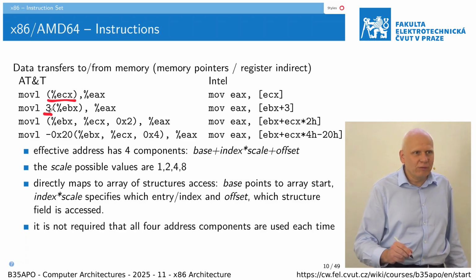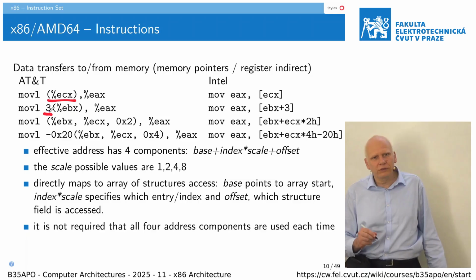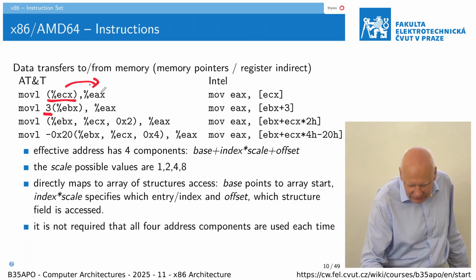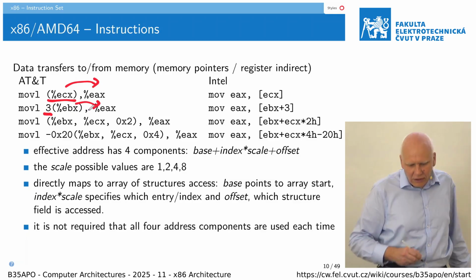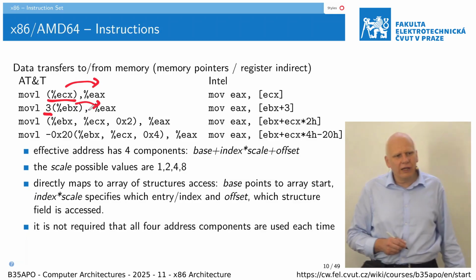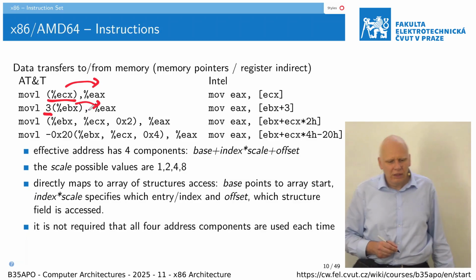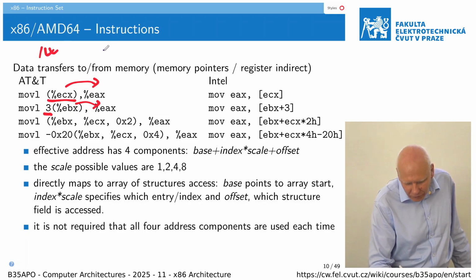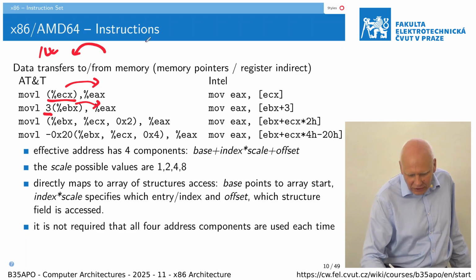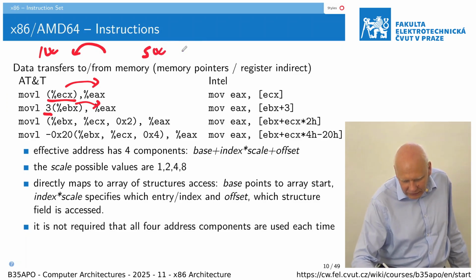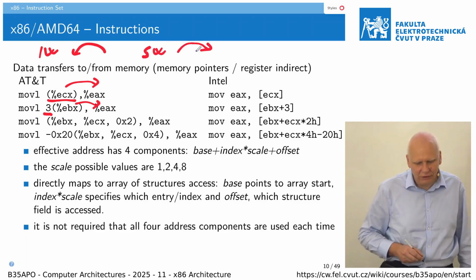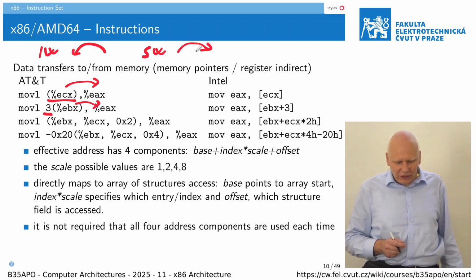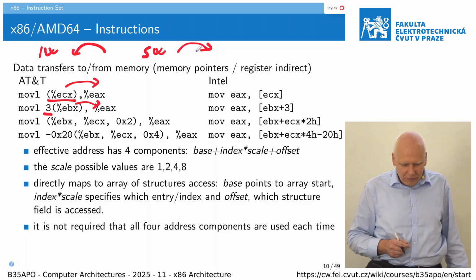So it is the same notation as you know from RISC-V. But in this case, the assignment is in this direction in all cases. In RISC-V, if you remember, load word assigns from the address to the register, and store word assigns from the register to the address. So it is a problem that each assembler has its own particularities.